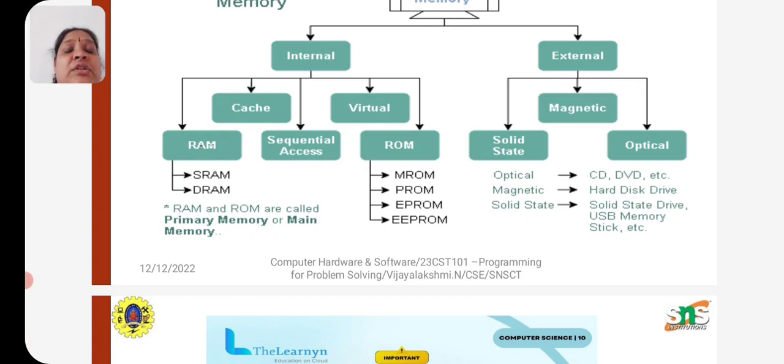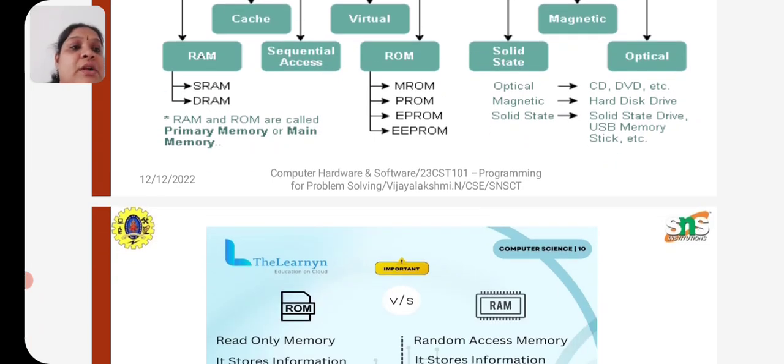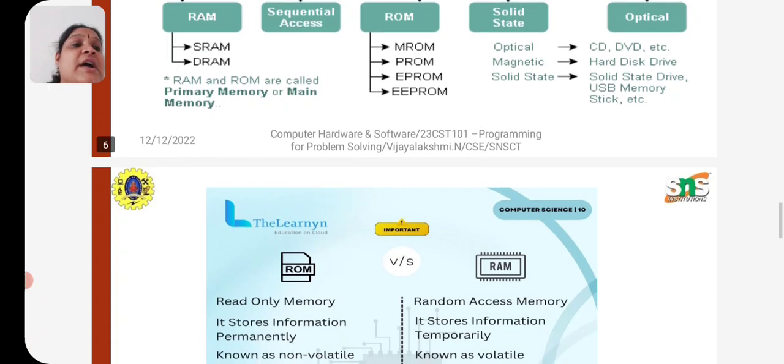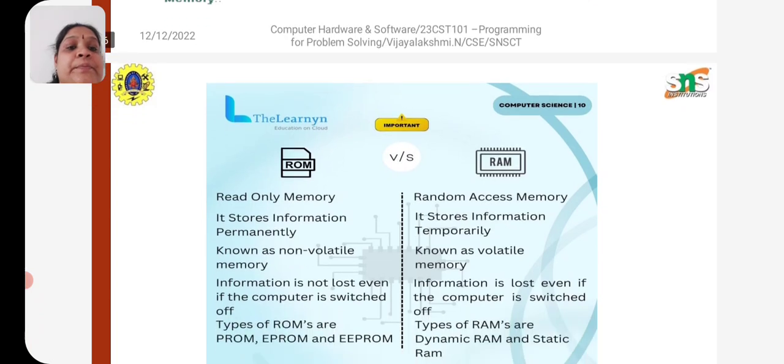RAM and ROM are called the primary memory or main memory, and in secondary memory we have MROM, PROM, EPROM, and EEPROM. If it is optical, we can store it in CD and DVD. If it is magnetic, we can go for the hard disk drive. And if it is solid state, we store it in USB memory, etc.